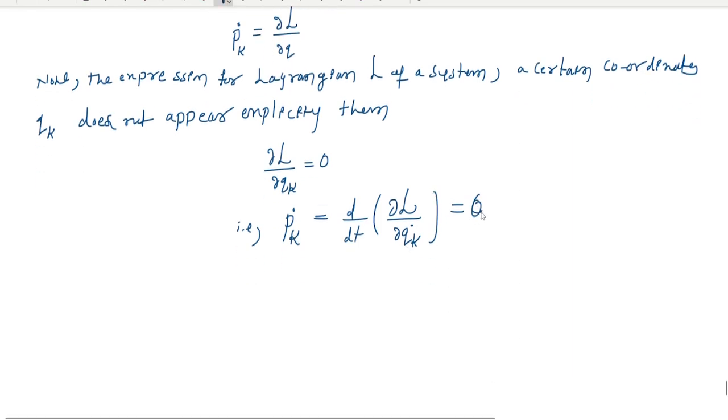Hence, integrating on both sides of this equation, we get p k equal to partial derivative of L divided by partial derivative of q k dot equal to constant.